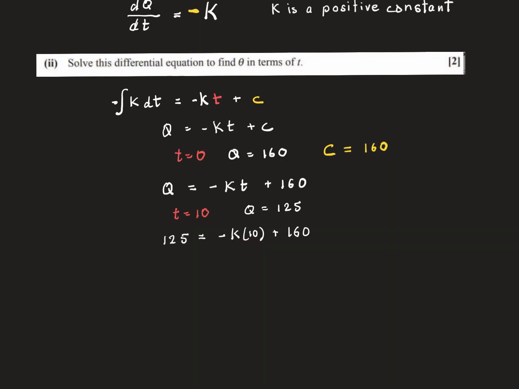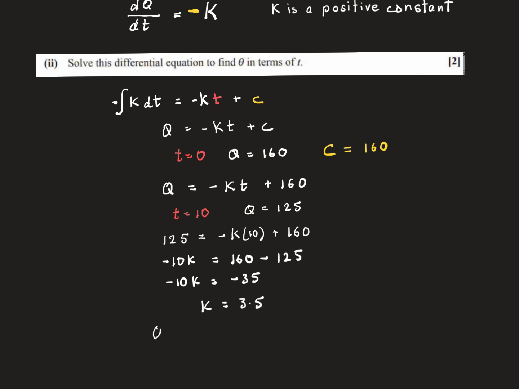And solving for k, I'll put it on the other side, minus 10k is equal to 160, take away 125. That gives us minus 10k equals minus 35. So k equals 3.5.